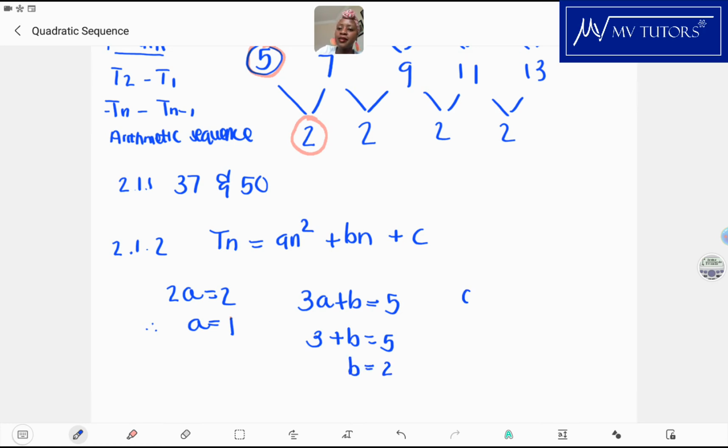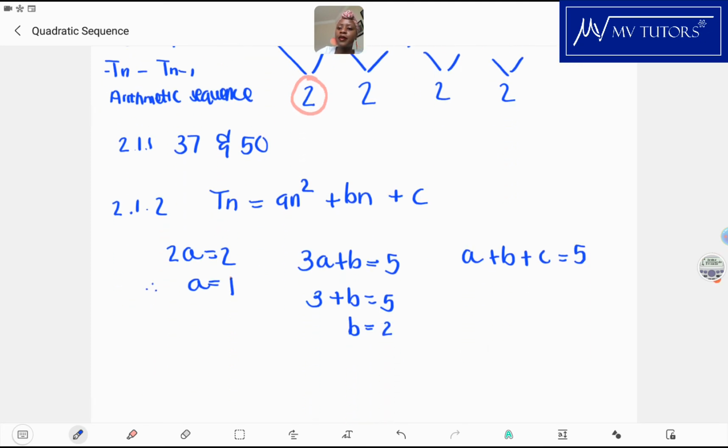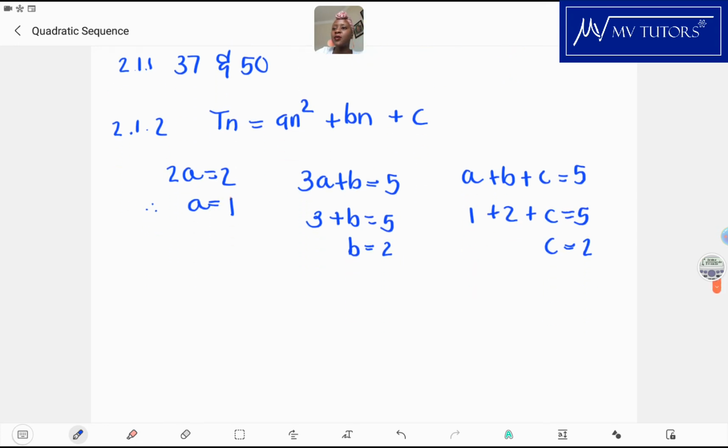And then lastly, a plus b plus c is equal to 5. So I know a is 1, b is 2. Therefore c is 5 minus 3, which would be 2. So finally I can write down my general term equation. I'll have n squared plus 2n plus 2.